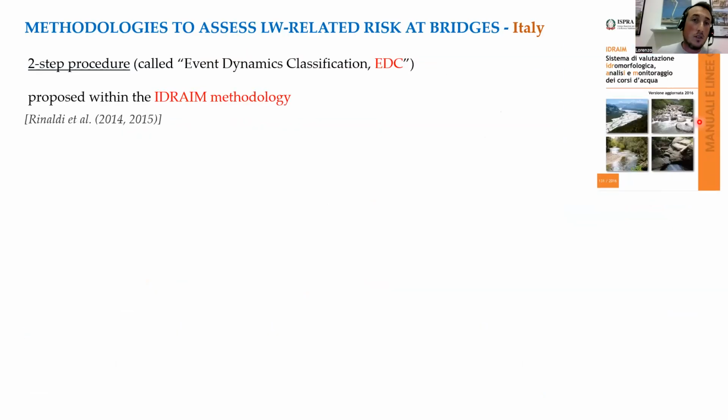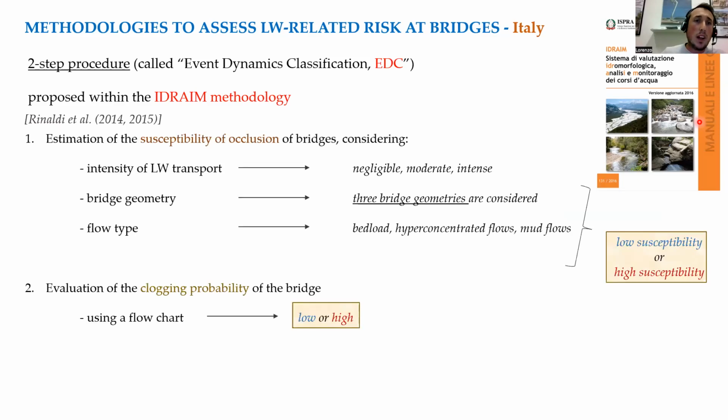In Italy, we have something about large wood in the Hydroin methodology. That is a methodology developed by Rinaldi et al. in 2014 and 15, that allows the estimation of, again, the occlusion of bridges by considering only qualitative characteristics.